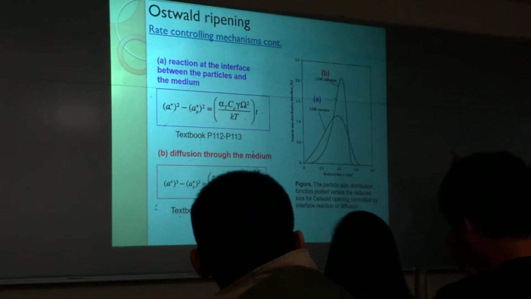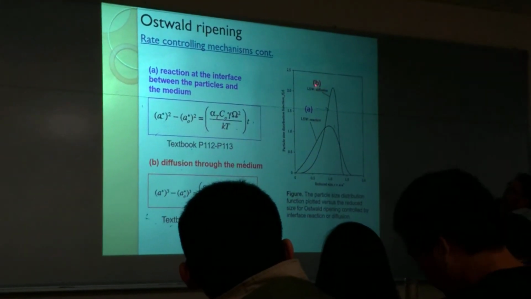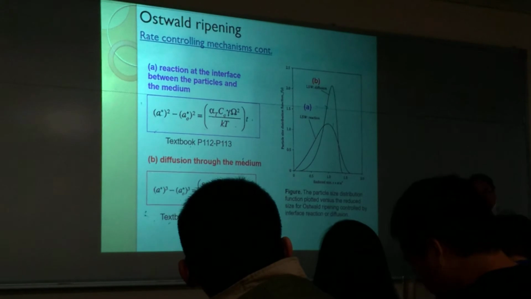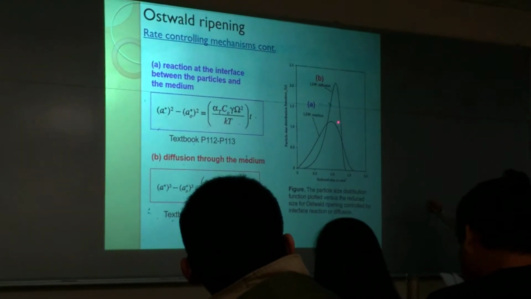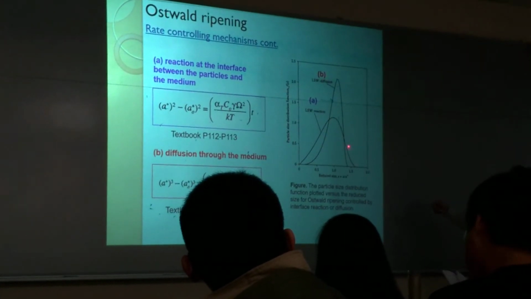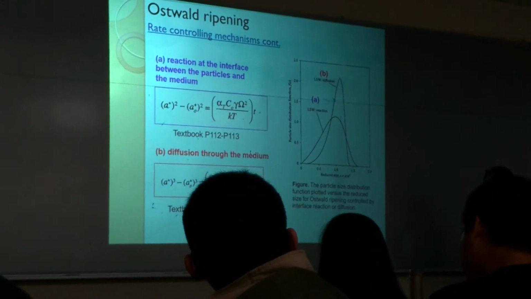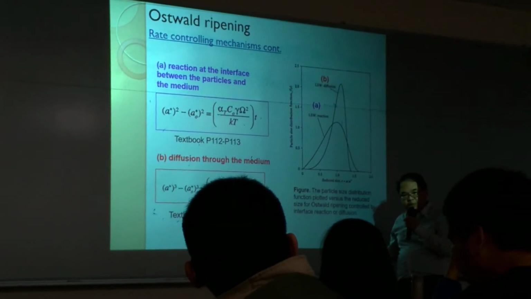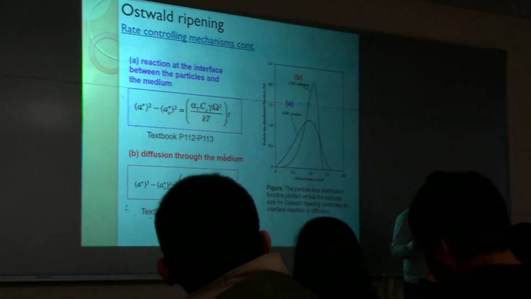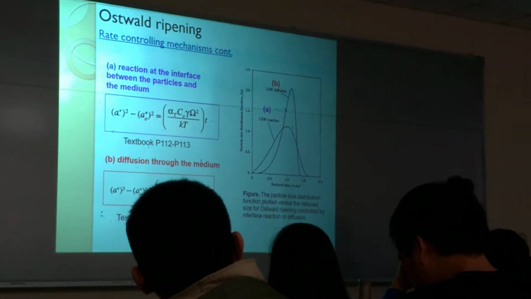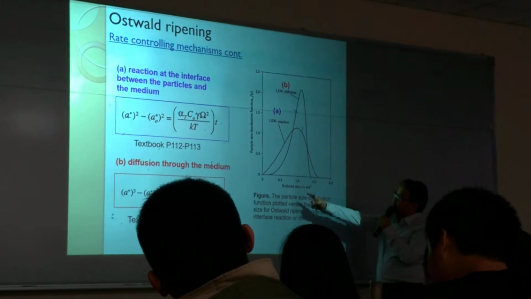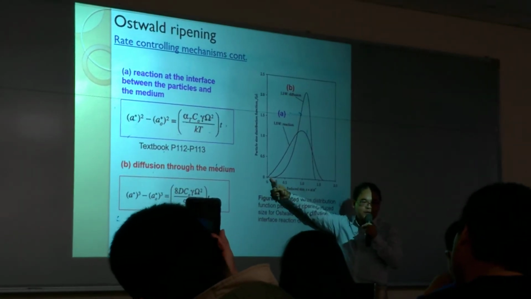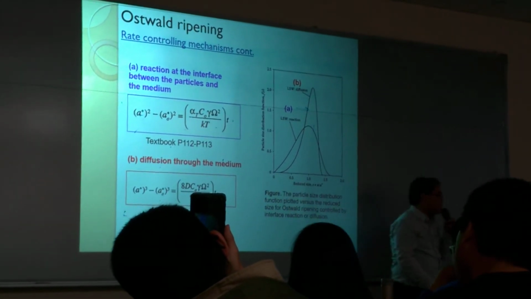The narrower one is the diffusion control, because they have more time to diffuse. The broader distribution is regarding the reaction control, because not too many particles go and react, so small particles remain resistant. So that is reaction control.